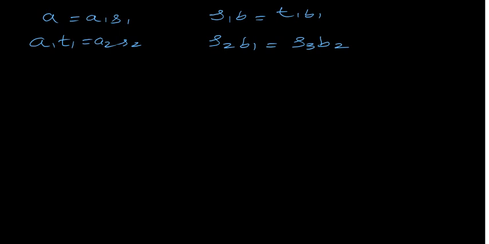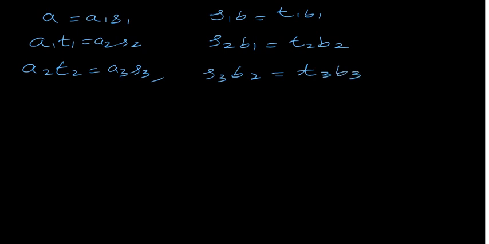Then this A2 will come here, and it's T2 here. Then T2 will come here, A2 T2 is equal to A3 S3, then S3 will come here, and then B2 will come here, S3 B3 is equal to T3 B3.